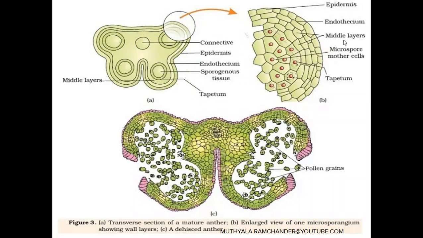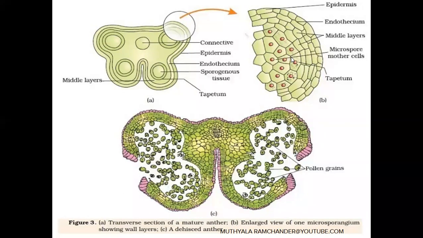Beneath the middle layers, the tapetum layer is present. The tapetum cells are large in size. They are hexagonal, polygonal or rectangular in shape. Each tapetum cell contains one large nucleus. The main function of tapetum cells is supplying food material to microspore mother cells.